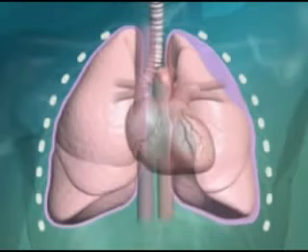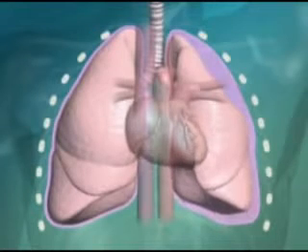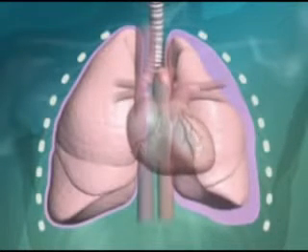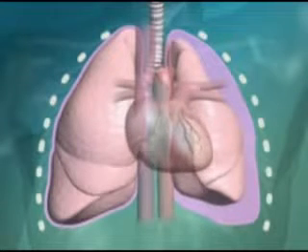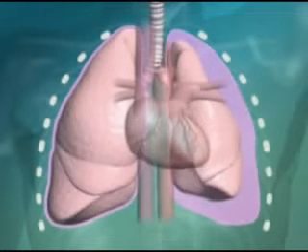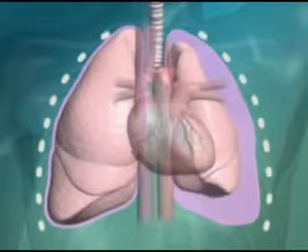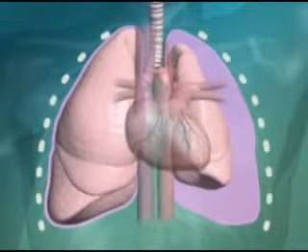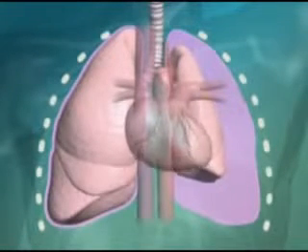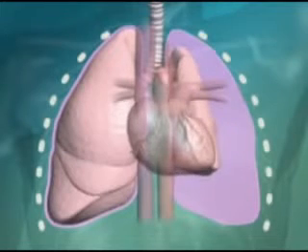If air continues to enter the pleural space during inspiration and can't escape through the break in the pleura during expiration, a pneumothorax can become a tension pneumothorax. In this life-threatening emergency, pressure in the pleural space increases, further compressing the affected lung.